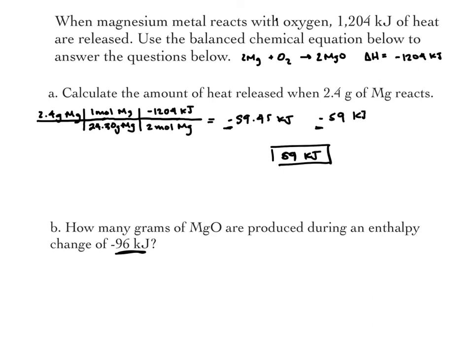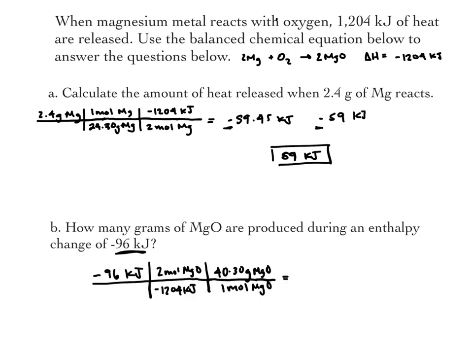In this case, what we've been told is that we have released negative 96 kilojoules of heat during the process, and we want to know how much magnesium oxide is being produced. So we're once again going to use the relationship between our enthalpy value and our balanced chemical equation to convert this known quantity into moles and subsequently grams of MgO. Let's set that up.